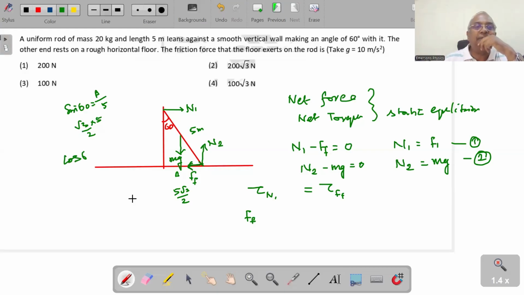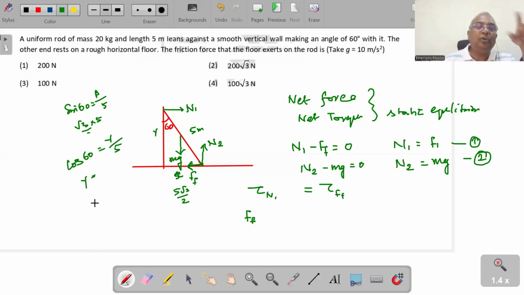Now take the cosine for this distance. Let this be x and this be y. Cos 60 is adjacent side by hypotenuse, and the hypotenuse is 5.